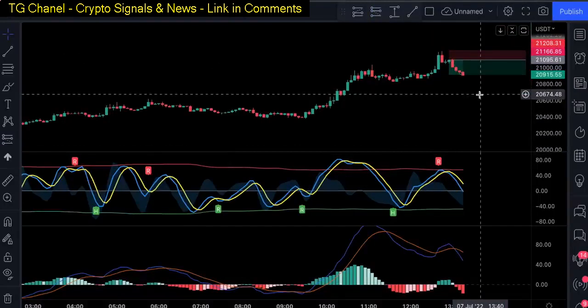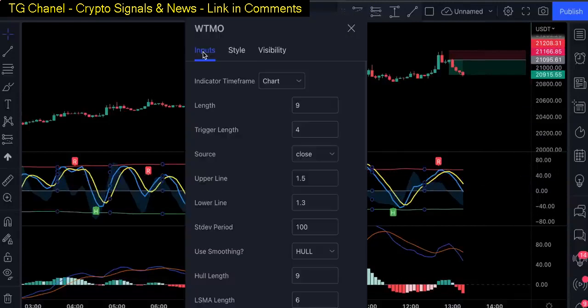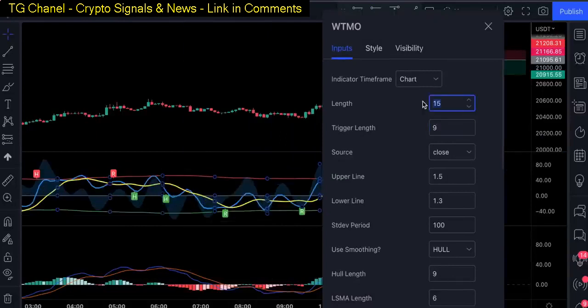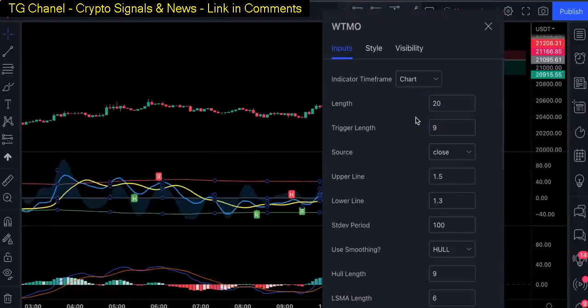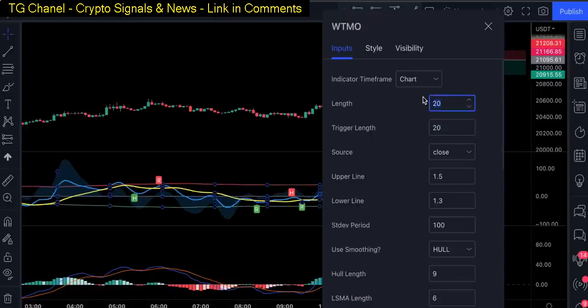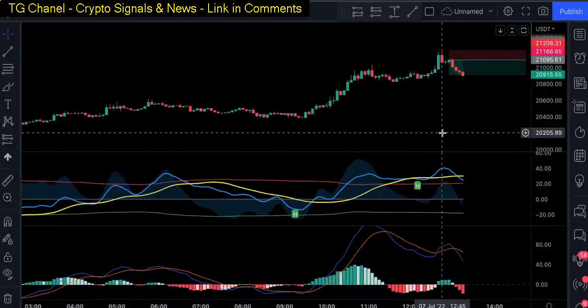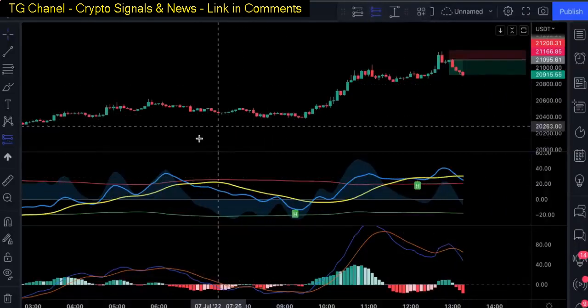Of course, we can't ignore the fact that the indicator still issues quite a few false signals, but we can play with the settings and make it a bit slower. Okay, so these are probably the best settings I could find, and we see that the signals are pretty accurate.